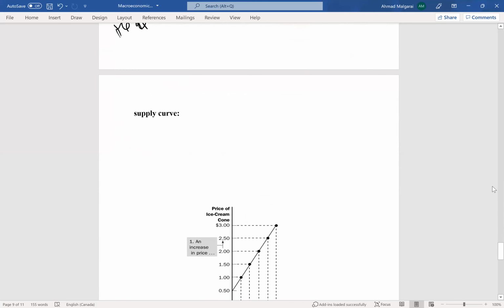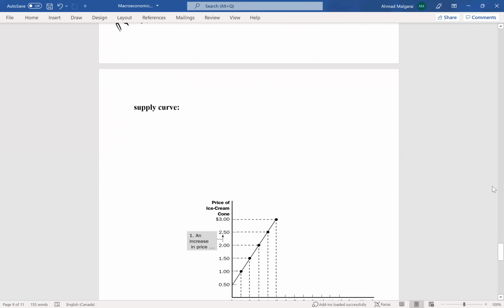But now a supply curve is, again, a graph of a relationship.